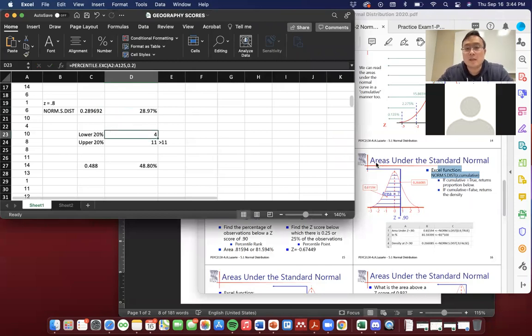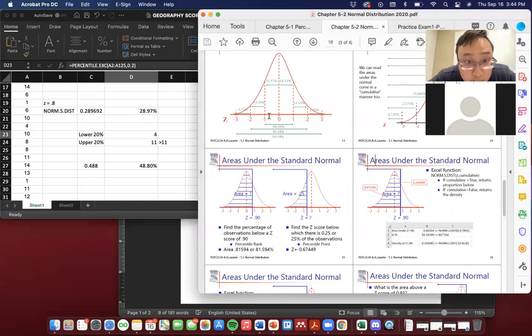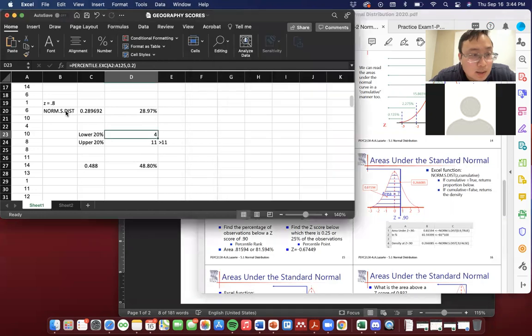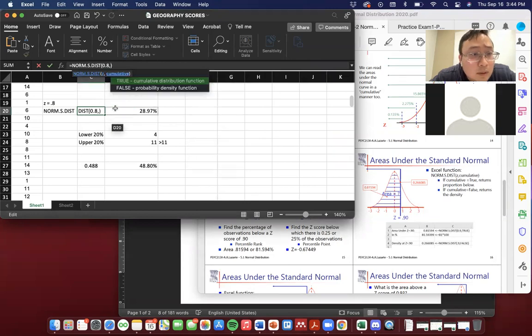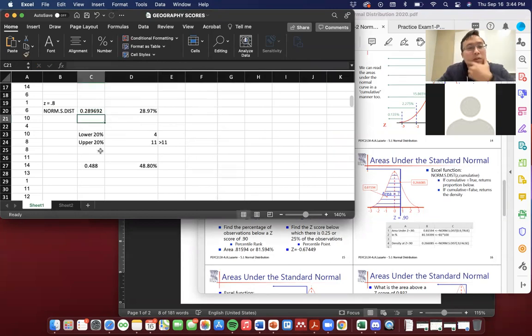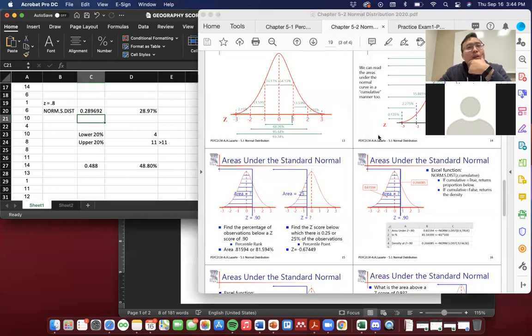Okay, so everything from this standard z-score of 0.8 right here. That doesn't make sense. I put negative. Huh. Hold up a second. Wow.